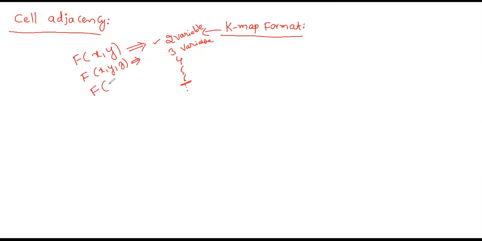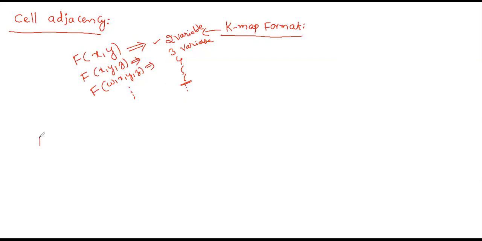With a Boolean function having four variables, we use the four variable K-map. Depending upon the number of variables in the given Boolean function, we choose the corresponding K-map.